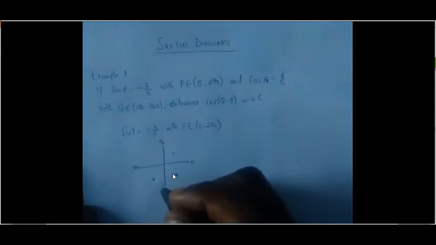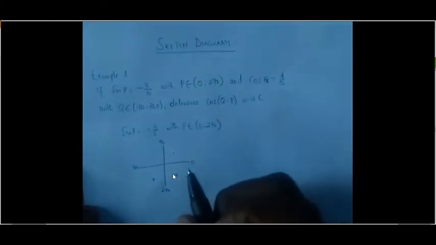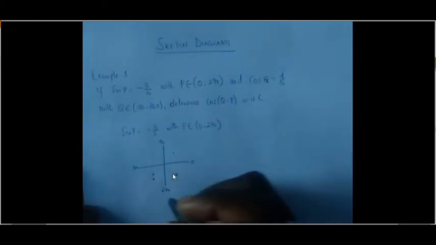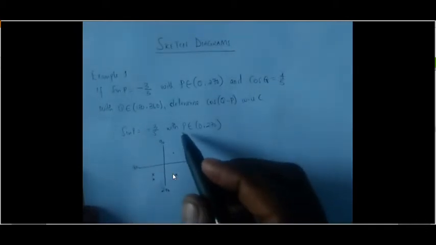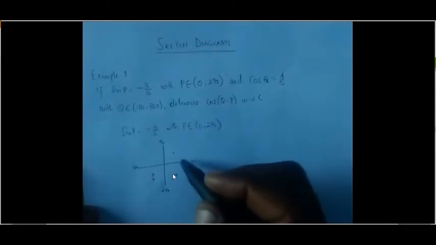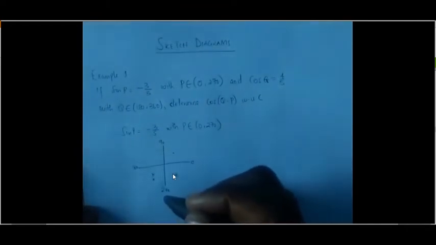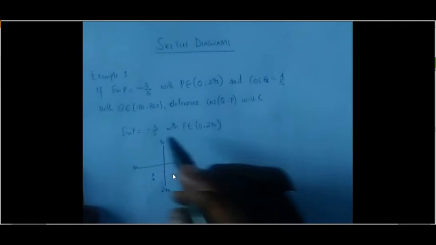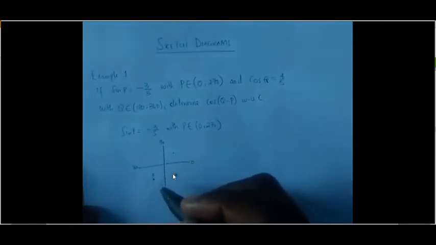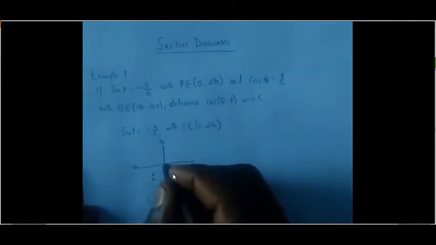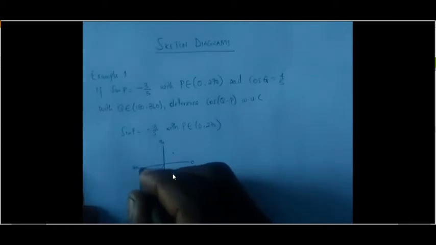I need to get a suitable quadrant for both restrictions given. The suitable quadrant will be the third quadrant, because this is where sine is negative, and also this is where p lies, because p lies between 0 and 270. Since both restrictions are suitable in that quadrant, this is where my diagram will lie.